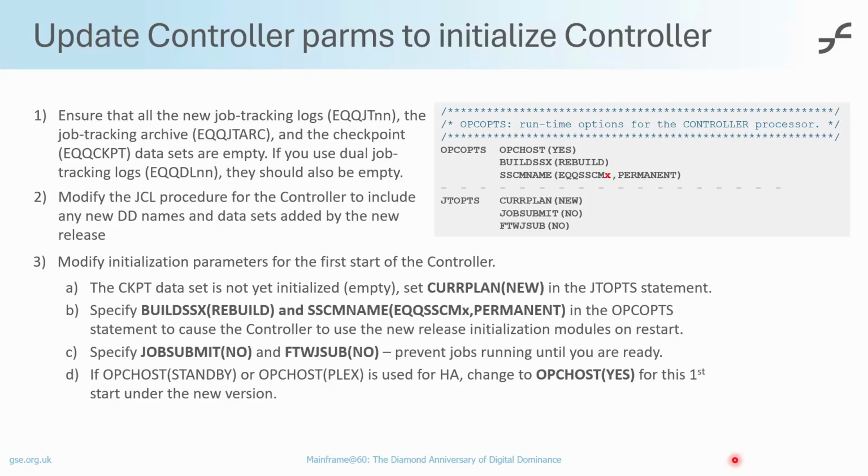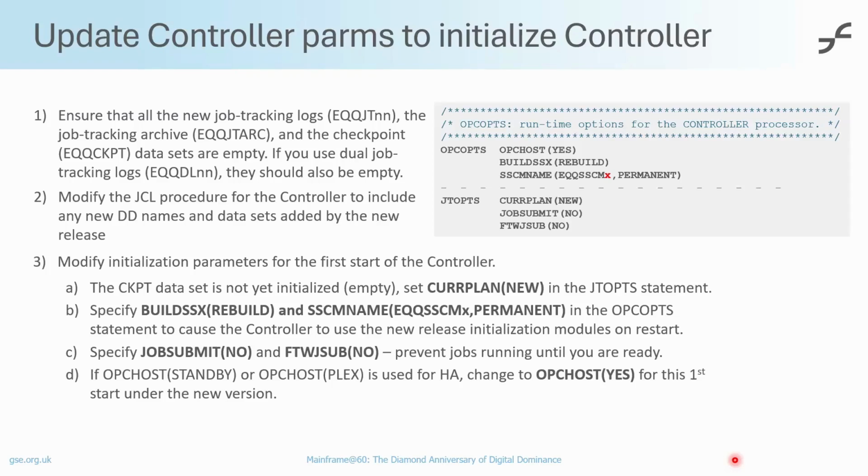Then you can modify the JCL procedure, or if you prepared the backup copy of this new JCL procedure, you can modify the controller to point to any new DD names that you might have on the new release, because obviously with the new release, you might have some new datasets, new DD statements coming into your procedure.